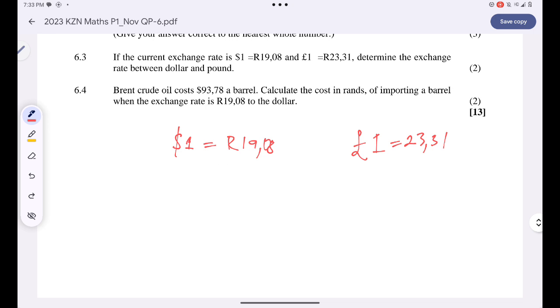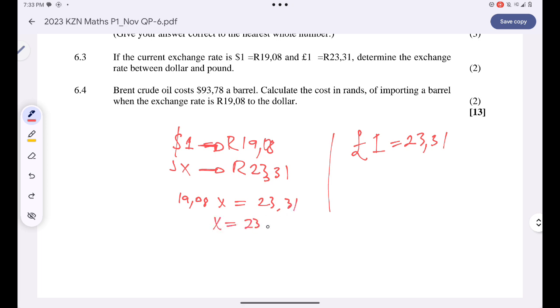Since I know that $1 is simply 19 rand 8 cents, I want to know how many dollars is 23 rands 31 cents. I'll just cross multiply here. I'll have 19.08x is equal to 23.31.